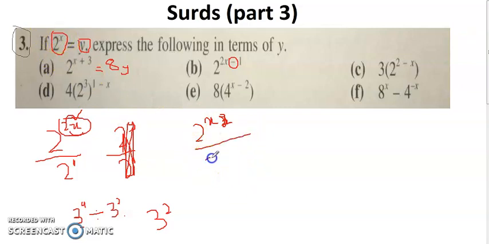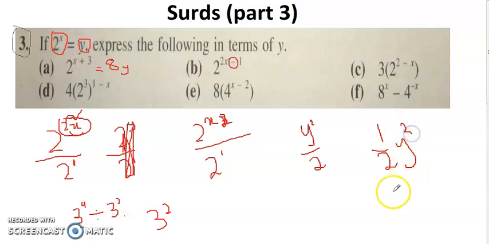Upon 2 to the power 1, right? Now what we will do is 2 to the power x, we can substitute it for y. Therefore, we'll write y squared upon 2. And therefore, there's always a 1 over here because before y, only y means 1y, right? So 1 upon 2y squared. And once again, that concludes our question.